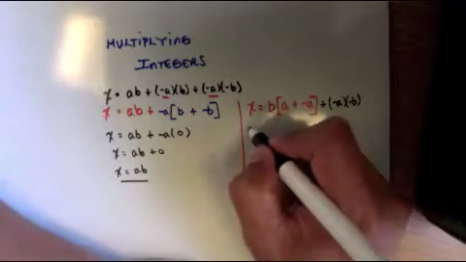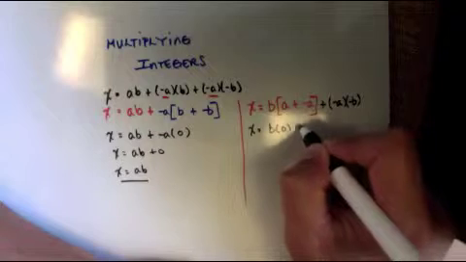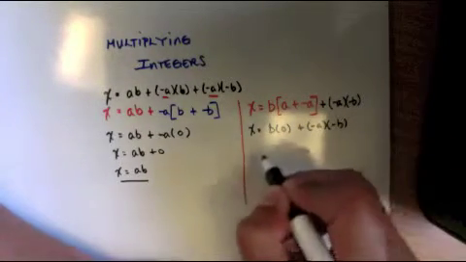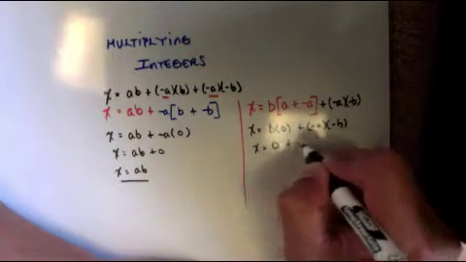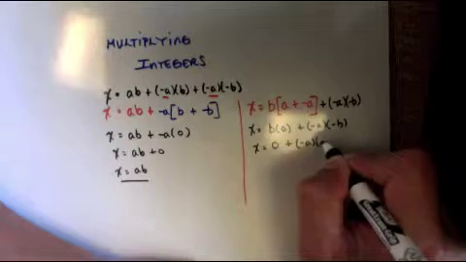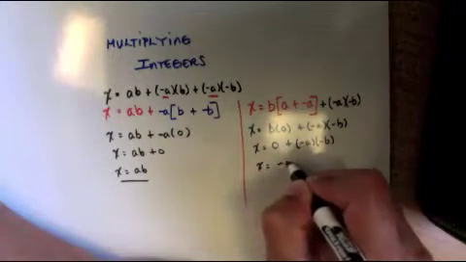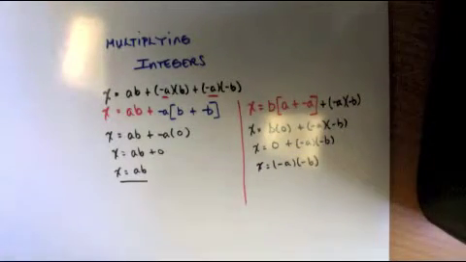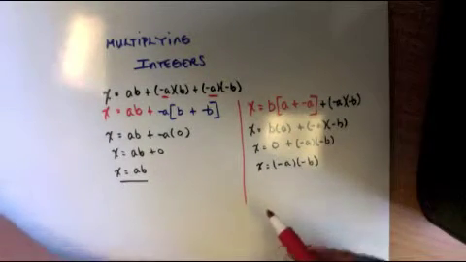Okay, and we do the same premise. A plus negative A, that's going to give us 0. And over here we have negative A times negative B. Anything times 0 is 0, and we have negative A times negative B. So we're going to get x is equal to negative A times negative B. If you notice, we're going to use what we call the transitive property of equality.